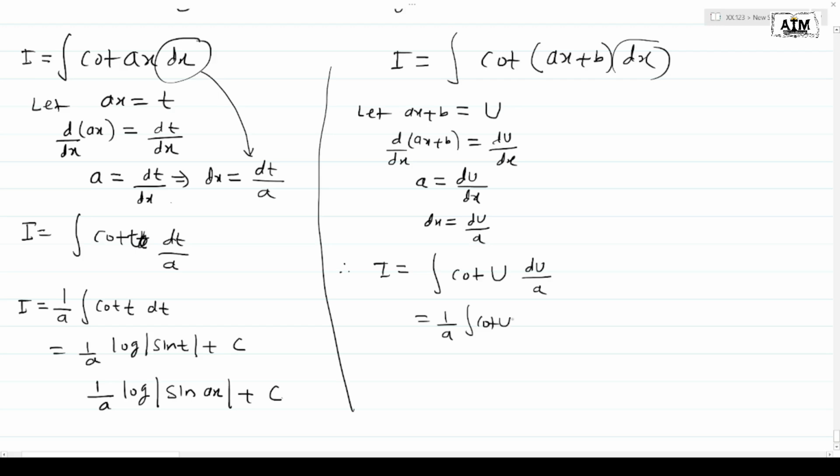Integration of cot u with respect to u equals 1 upon a, and the integration of cot is nothing but log modulus sin u plus c. So that equals 1 upon a log, what is the u value? u equals ax plus b. So log modulus sin of ax plus b, plus c is the required solution.